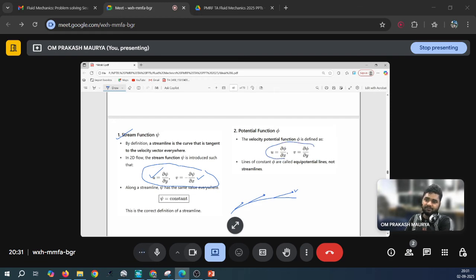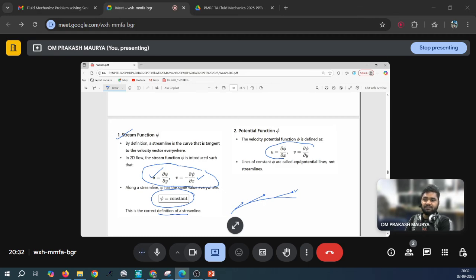So first discuss this one. Along a streamline, psi has the same value everywhere. So if the value is the same everywhere, means psi is constant. So this expression defines the correct streamline.